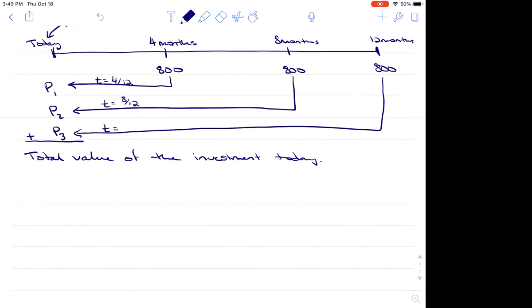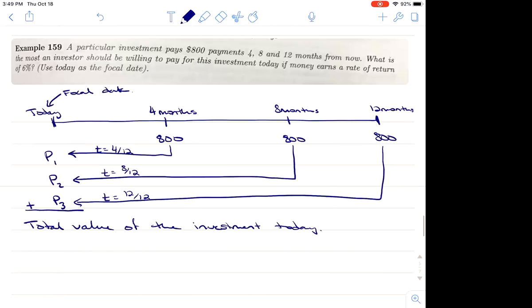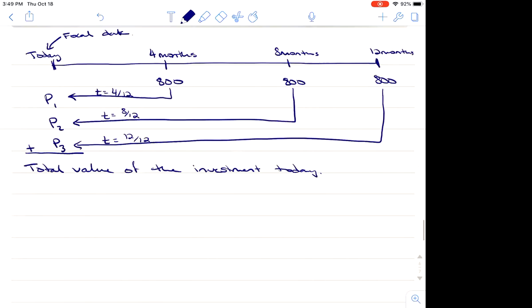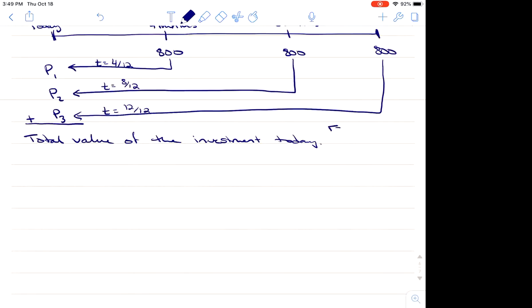This third one, 12 out of 12. And for consistency, I'm going to keep it as 12 out of 12, but if you wanted to just do 1, that's fine. And because the rate we're told is the same for all of these, I'm just going to jot it down here.